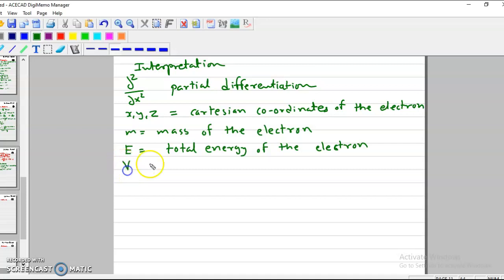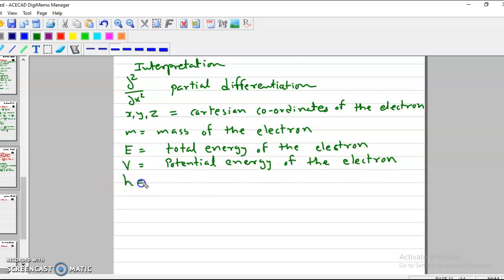Capital V is potential energy. Please be careful, in this equation we are using capital V symbol which indicates potential energy of the electron but not velocity of the electron. Remember this please. So capital V stands for potential energy of the electron.